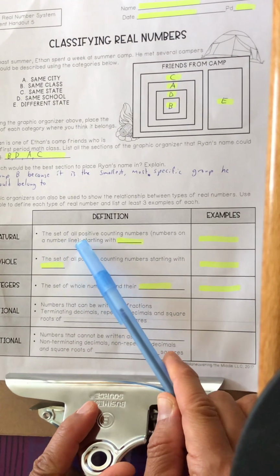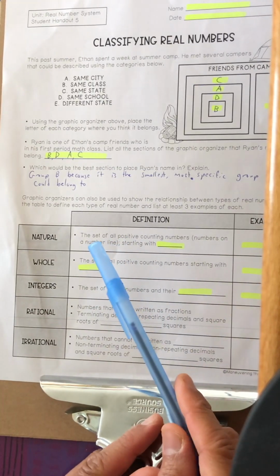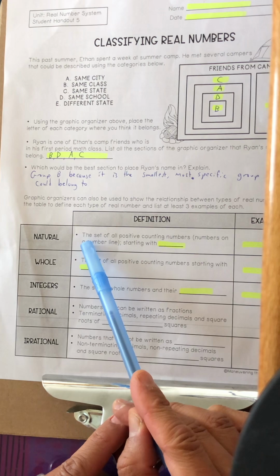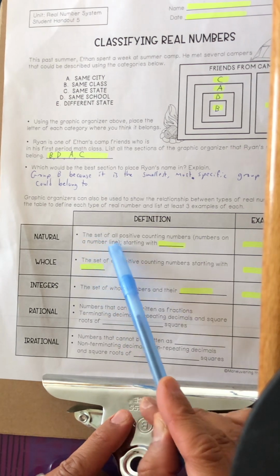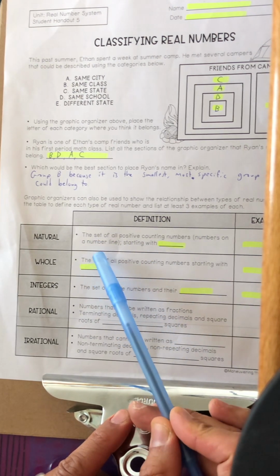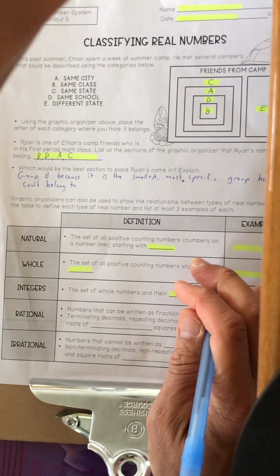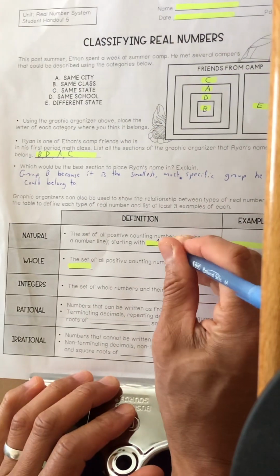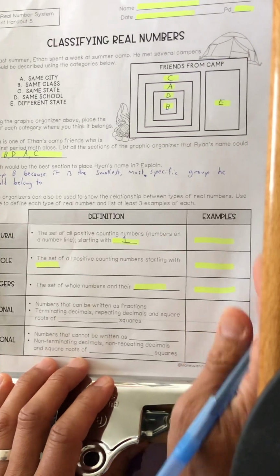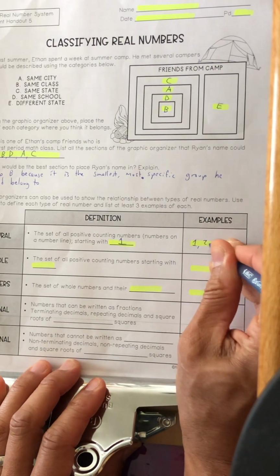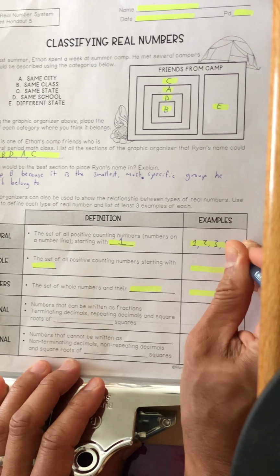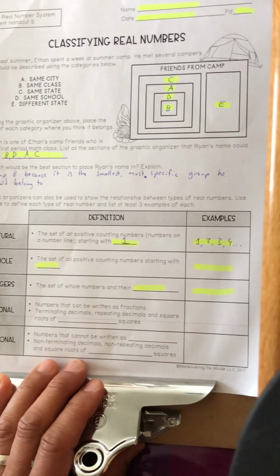And moving on to some of these definitions here, the natural numbers are the set of all positive counting numbers, numbers on a number line starting with 1. Examples would be 1, 2, 3, 4, on into infinity.